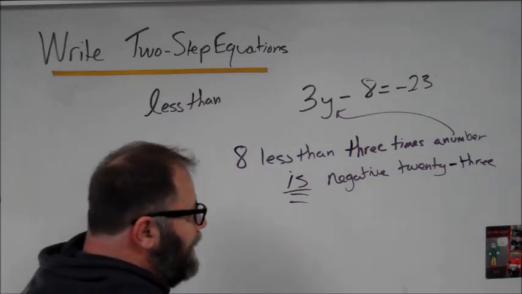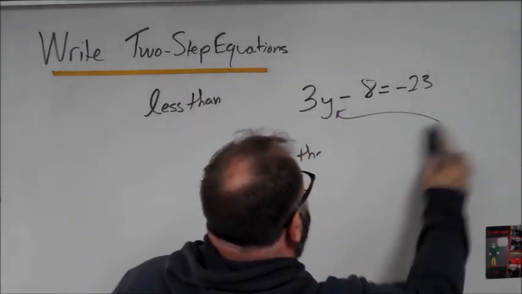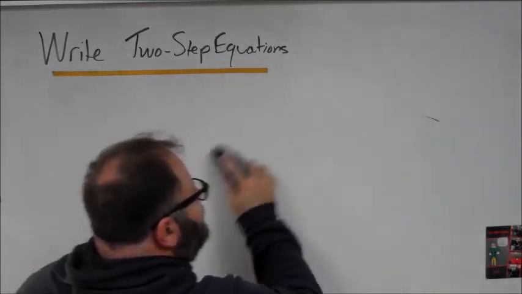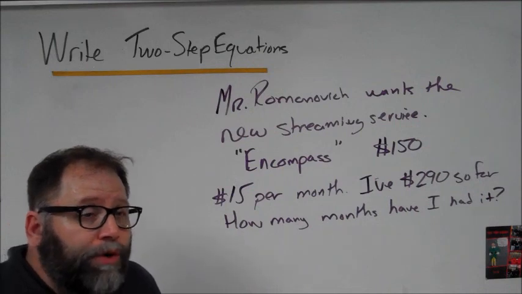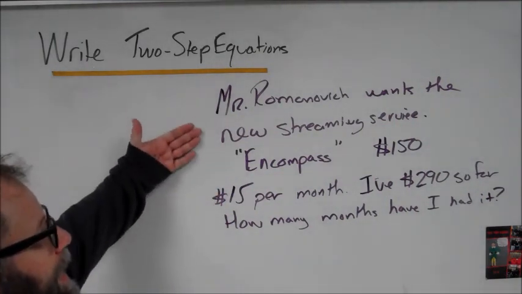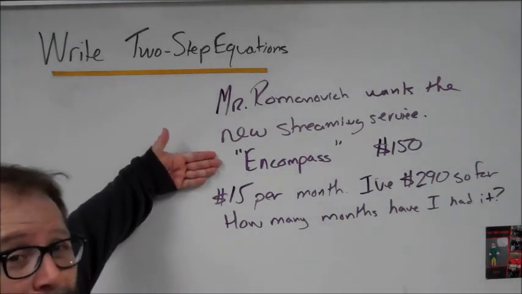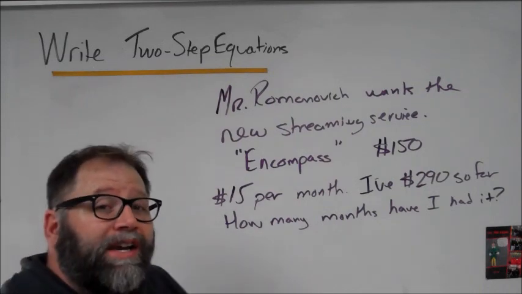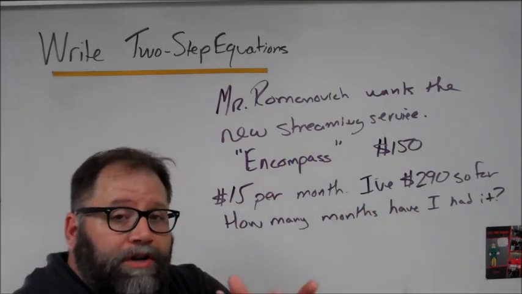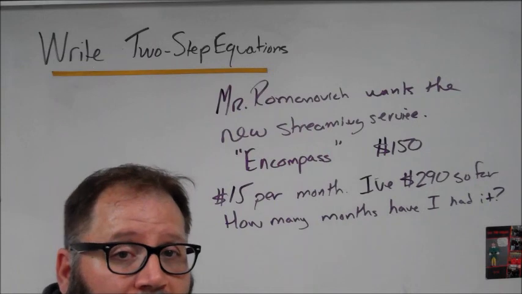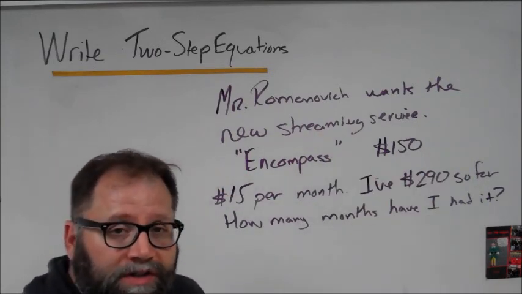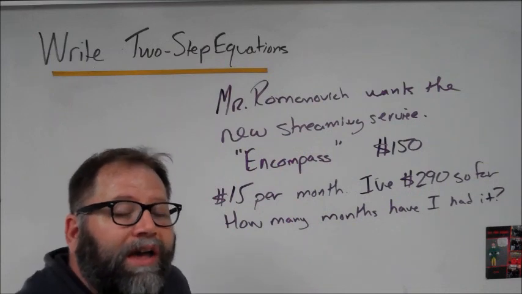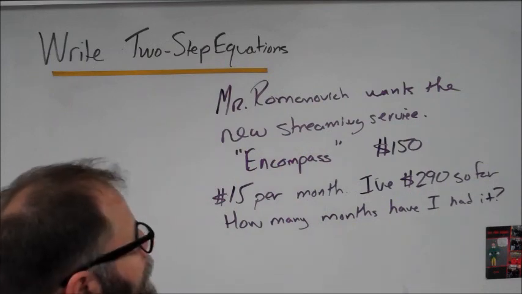All right, let's do one more here, and it could be a word problem, and deciphering a word problem is critical. Here is that promised word problem. Mr. Romanovich wants the new streaming service Encompass. Encompass is great. It's one device that takes all my streaming services and puts them together, and then I don't have to switch back and forth having to load and reload different services because that takes so much time and it's frustrating.